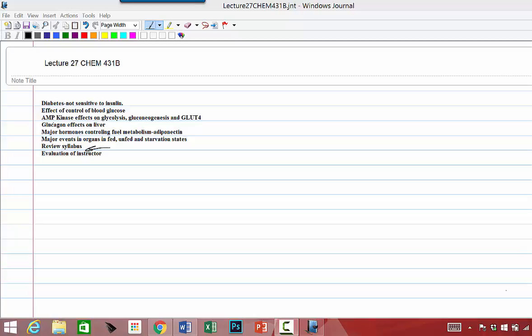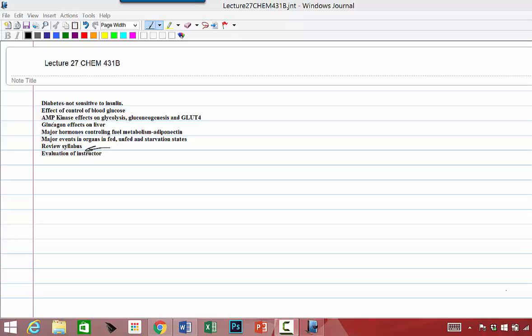I want to contrast that to another pathway, found here, and this occurs in cases when you have insulin. When you have insulin, you're going to activate this enzyme, which is on page 762 of your book.